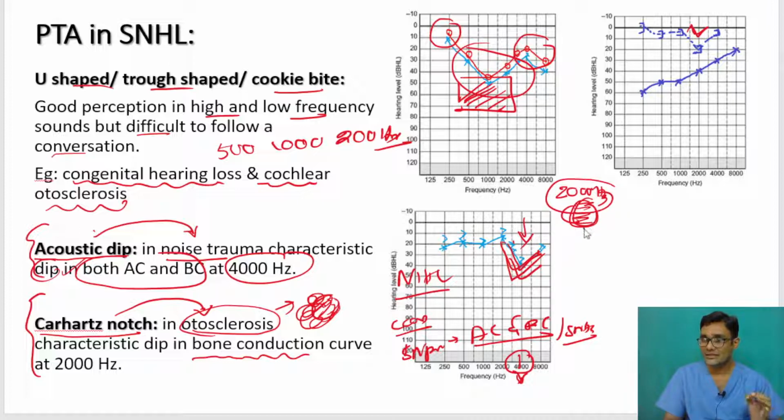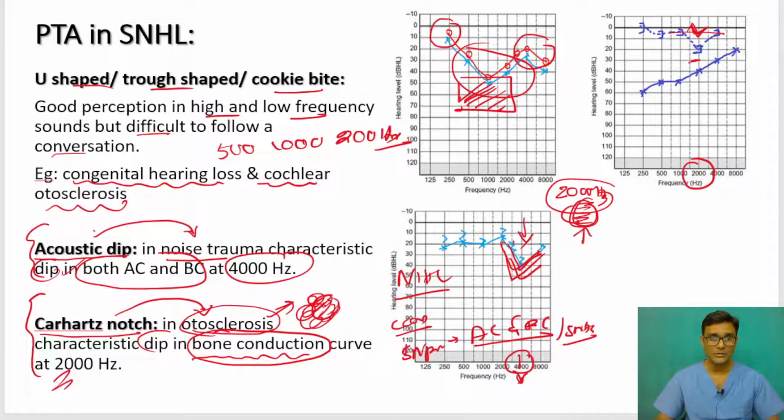So when the stapes is not able to function at its best, there will be a bone conduction dip only, at 2000 hertz, which gets corrected once you do a successful stapedectomy. This will become normal. So Carhart's notch is seen in otosclerosis, where there is a dip only in the bone conduction curve.